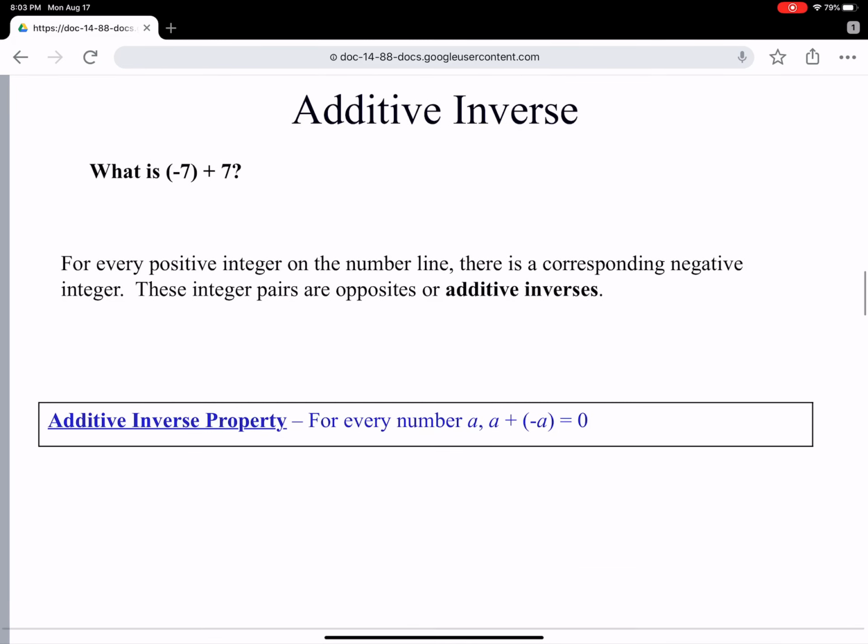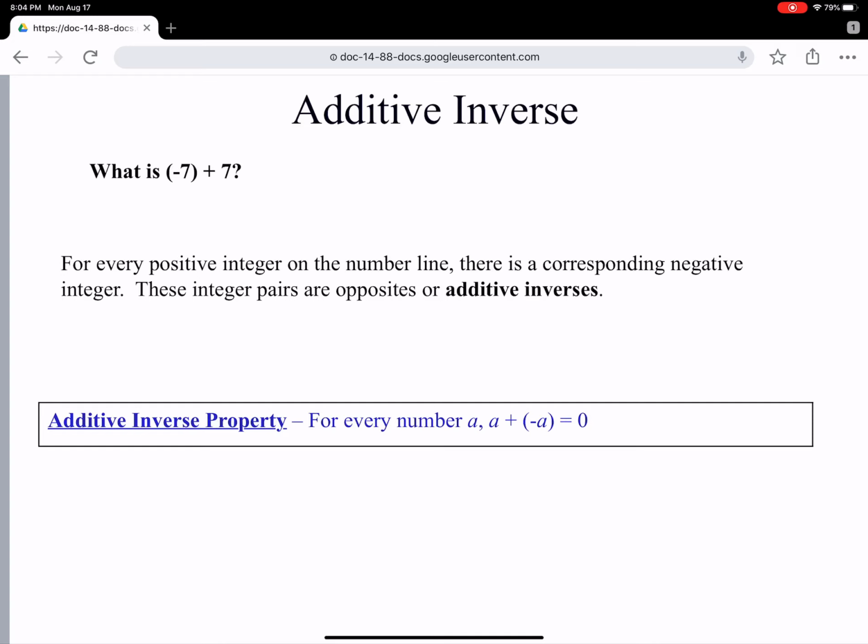Here's another property. This is called the additive inverse. What the additive inverse says is that if I take two opposite numbers, remember an opposite set of numbers is the positive version and the negative version. So 3 and -3, 5, -5, 7, -7, 2, -2.